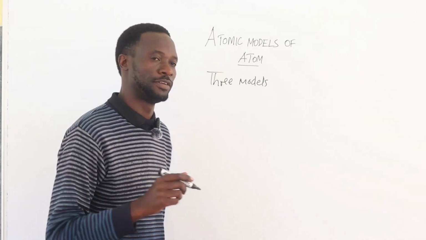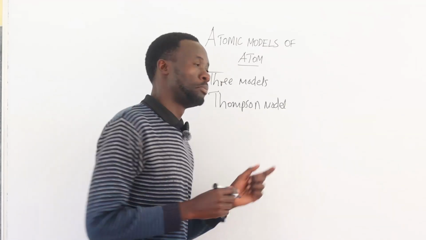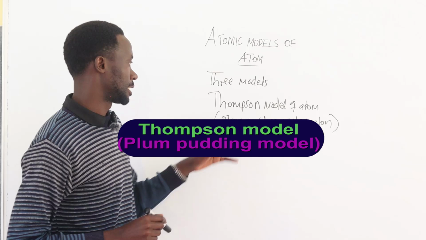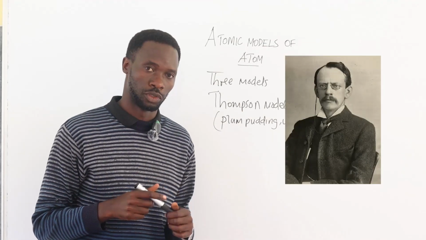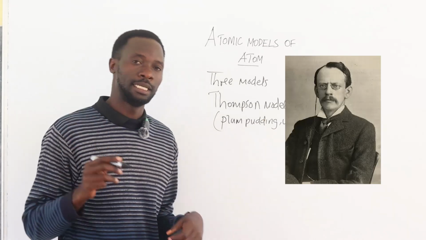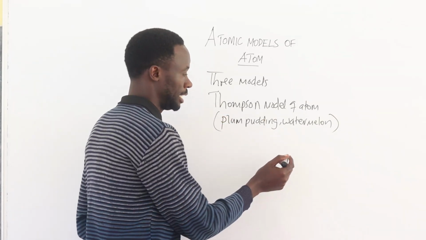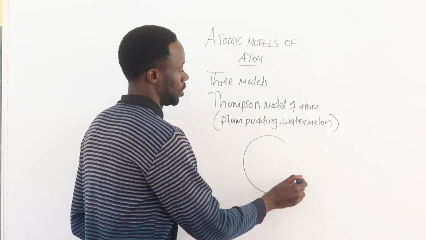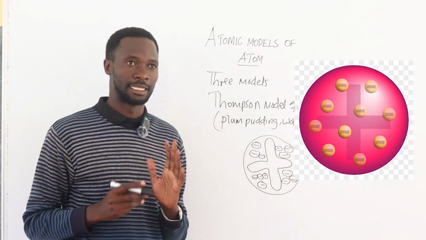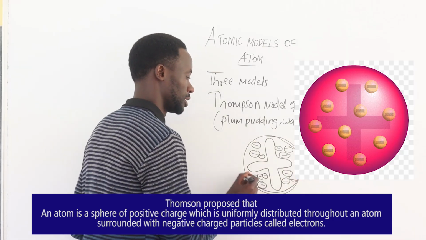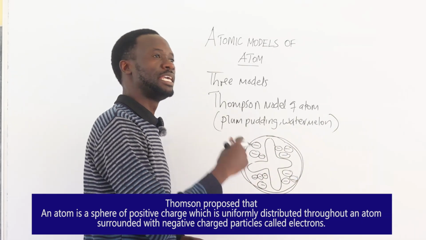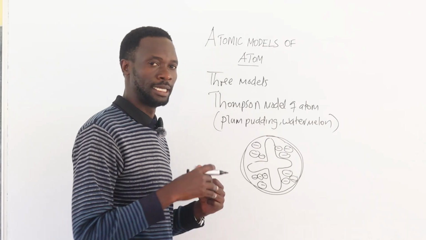Let us start with the first model, which is the Thomson model of atom. This model was first put forward by J.J. Thomson. Simply, Thomson suggested that an atom is just a sphere of positive charge, which is evenly distributed throughout the atom.